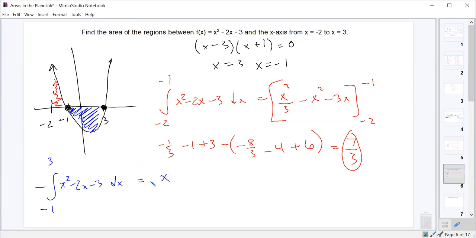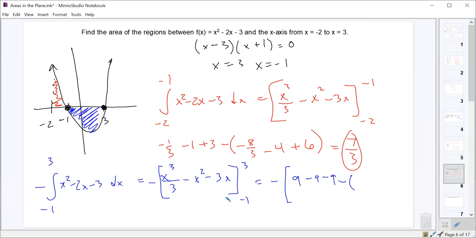We know it's x cubed over 3 minus x squared minus 3x. Now we just have to evaluate the opposite of that from -1 to 3. So at 3, that should be 3 cubed is 27 over 3 is 9, minus 9, minus 9, minus, and then we already plugged a -1 in before, right? What does that give us?